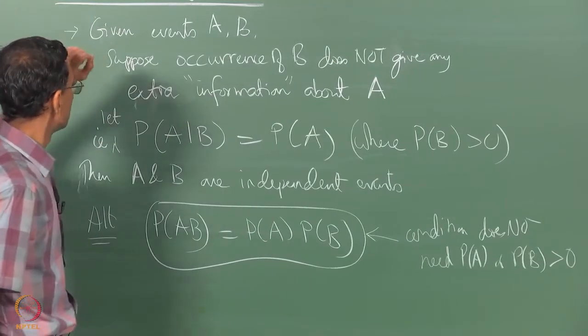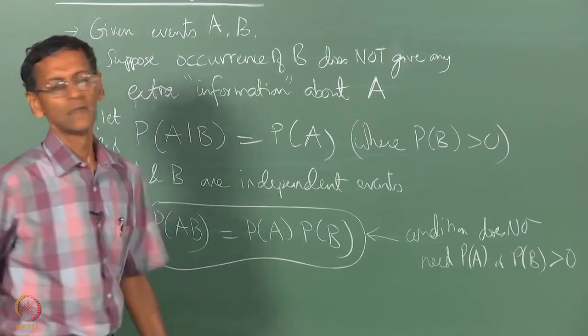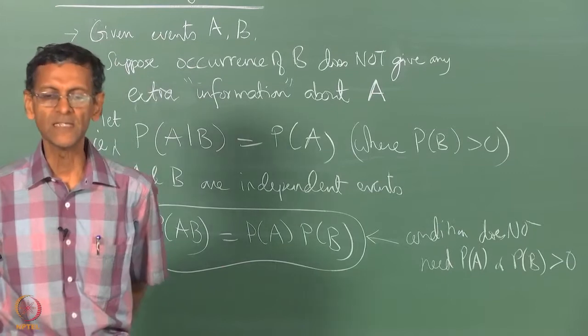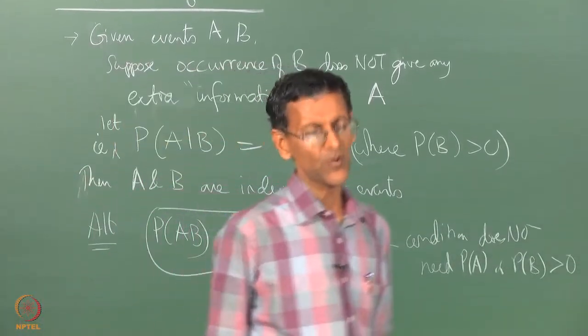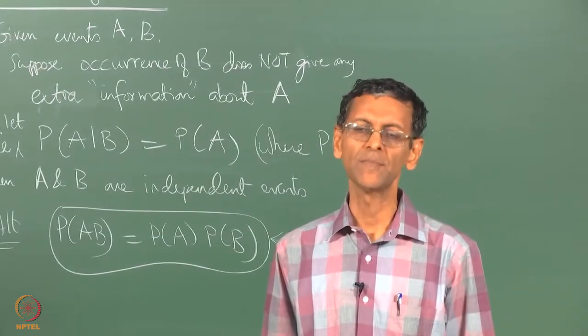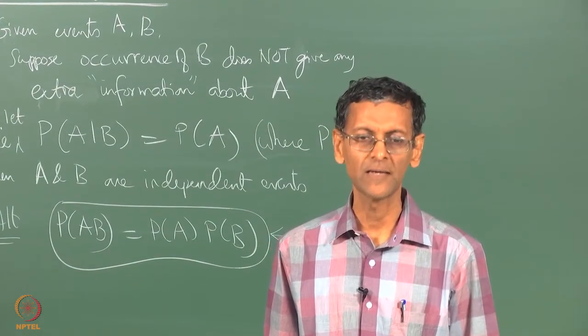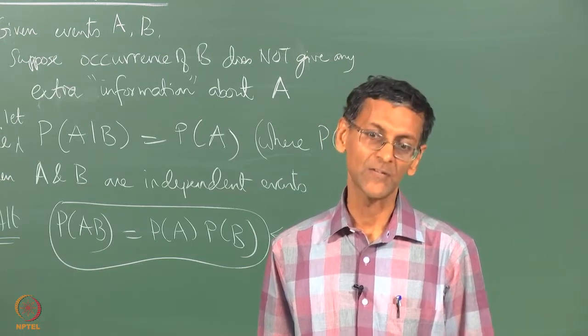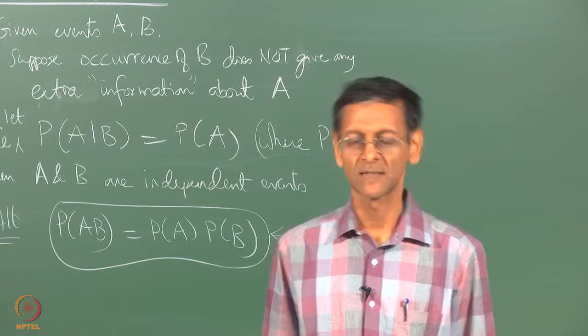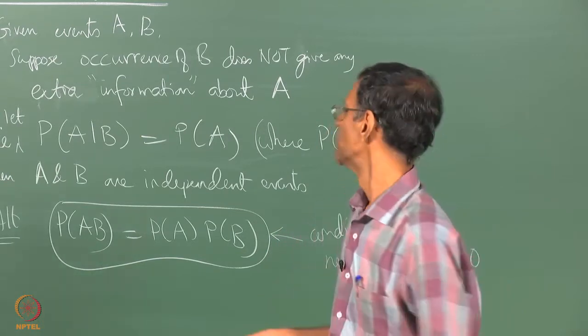So independence of A and B means exactly this. You can claim that if either A or B is the impossible event phi, then clearly this equation will be satisfied, and you can say phi is independent of any other event, which is true.